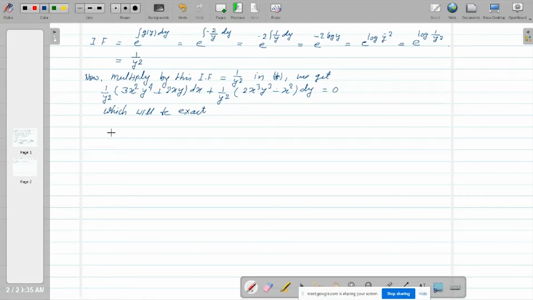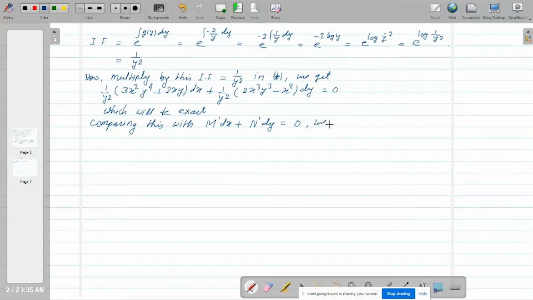Now comparing this with the standard form. What is the standard form? M dash dx plus N dash dy equal to 0.